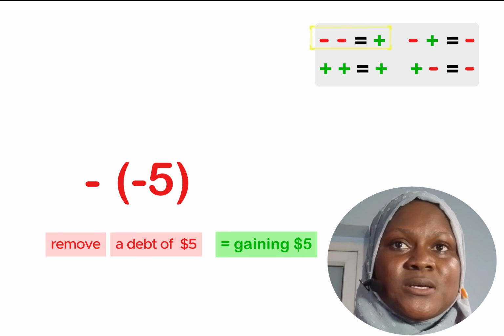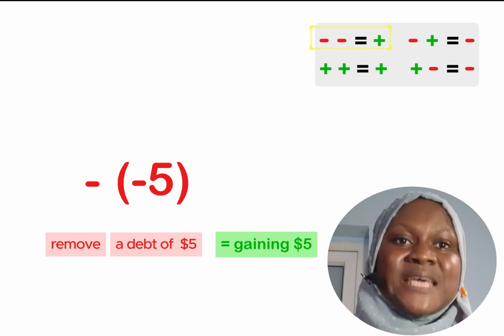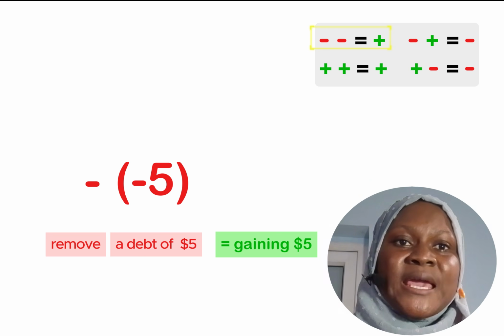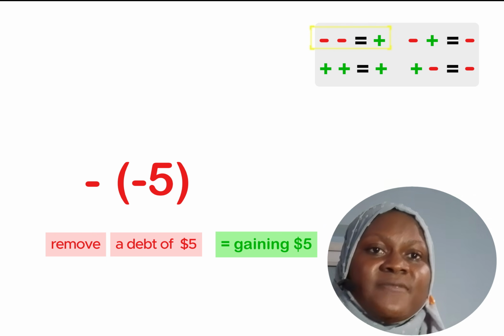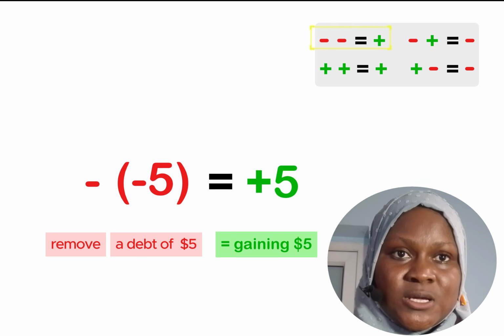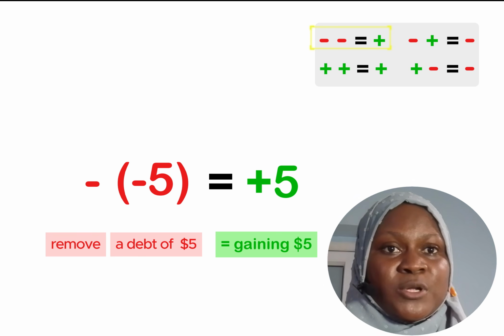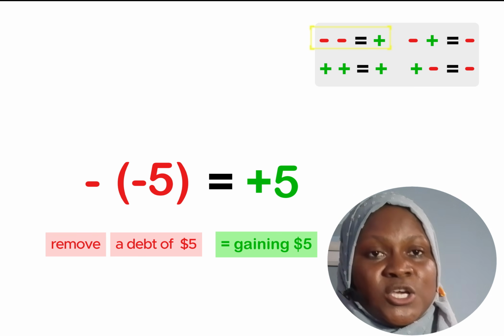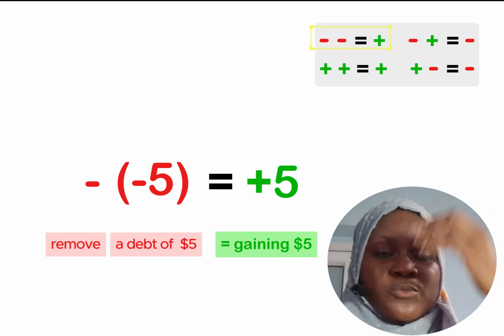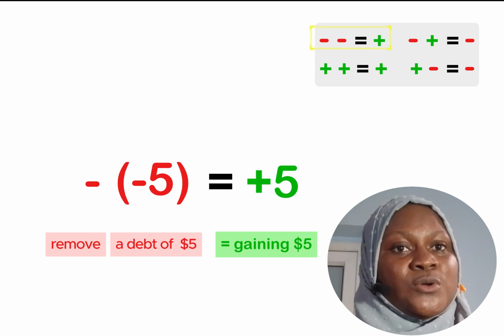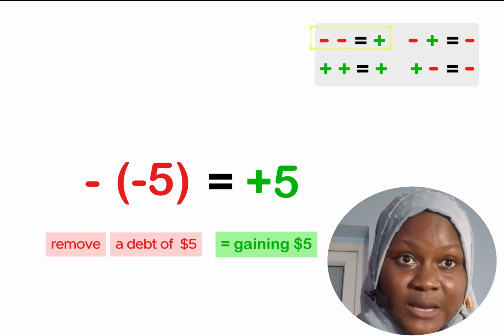That means removing a debt of minus 5 for you makes you gain a plus 5 in rank. You used to have a debt of minus 5, but because the debt is erased, you moved up by 5. You moved from minus 5 to 0. You don't have money, but you don't have debt.